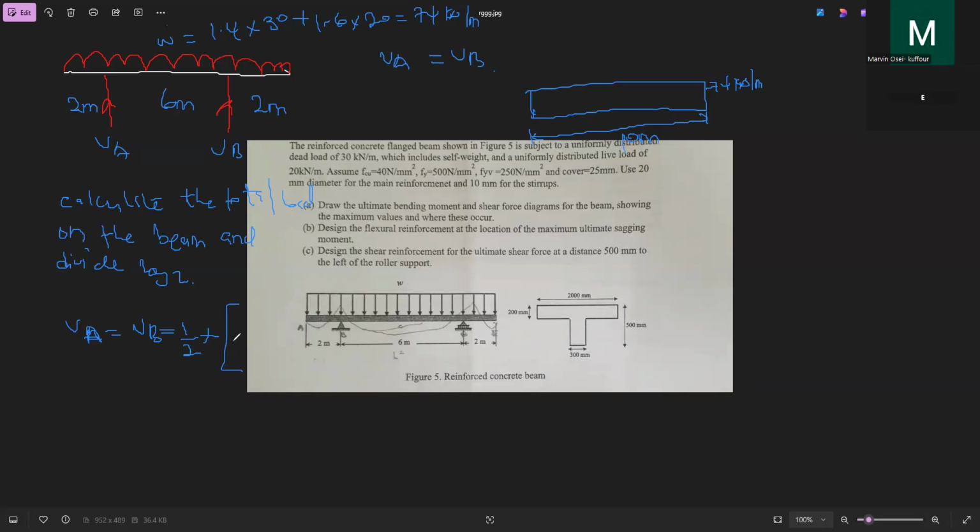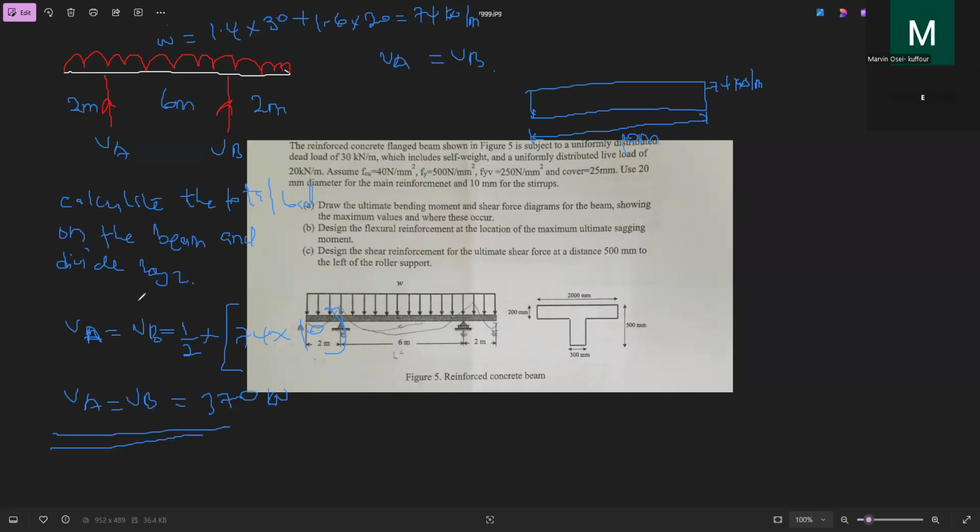So half of the total area is going to be what? 74 times 10. Is that correct? Yeah. Okay, so half of that is going to be 370 kilonewtons.